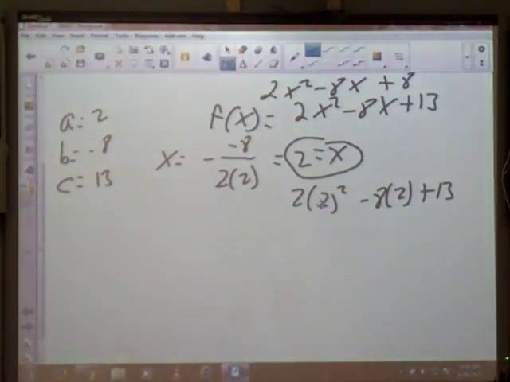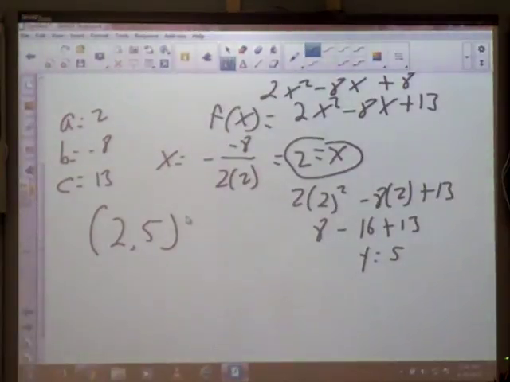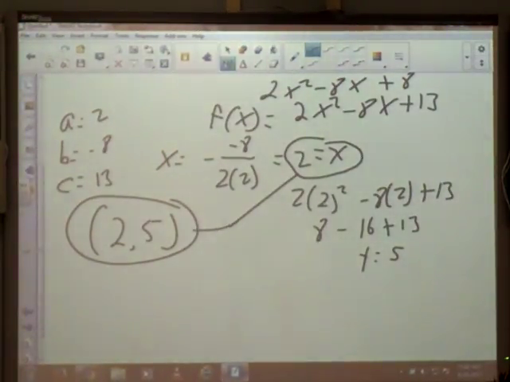Okay, that squared's only on that second 2, so 2 squared is 4, and 4 times 2 is 8. 8 times 2 is 16. 8 minus 16 is -8. And -8 plus 13 is 5. So we have a vertex at 2, 5. So we've got a vertex, we've got an axis of symmetry.